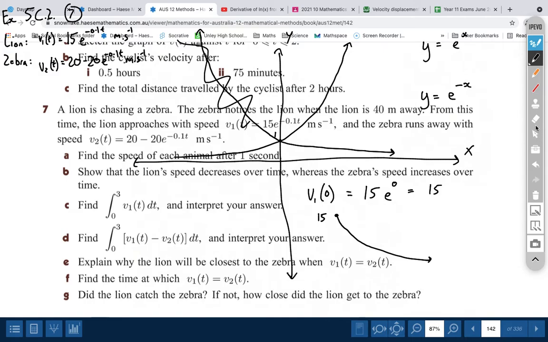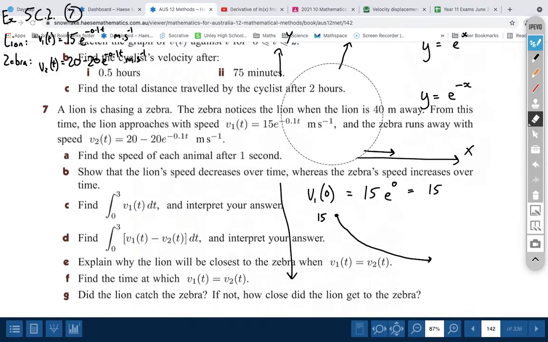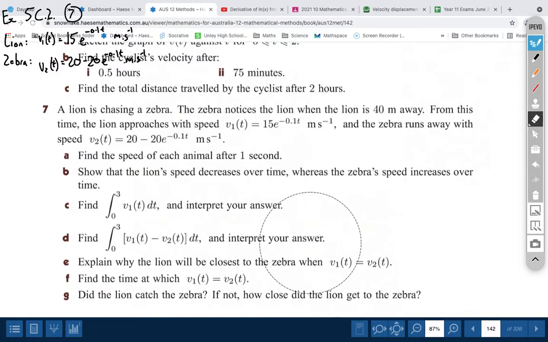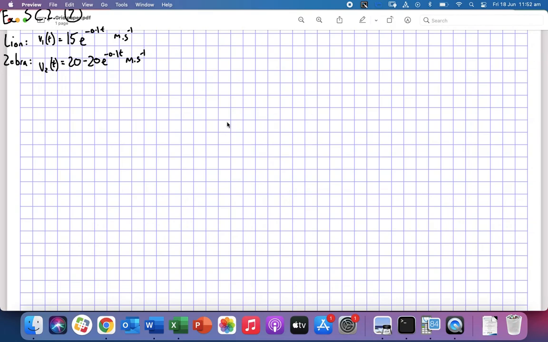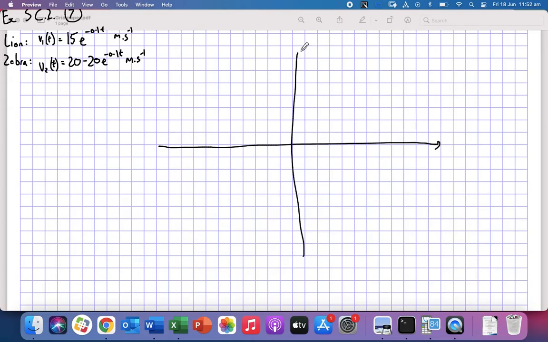Okay. Let me make some room so I can think about what the zebra's doing. Now the zebra's exponential will have a slightly different shape, because if I zero in on this bit, this minus 20, that plus 20, that lifts the curve up by 20, but what I want to do is get the shape first.